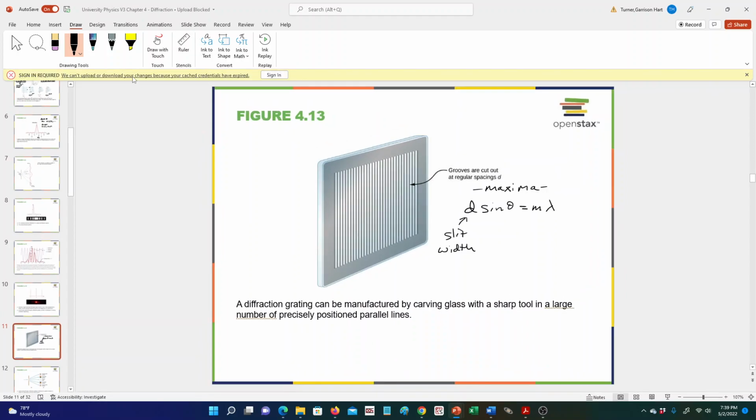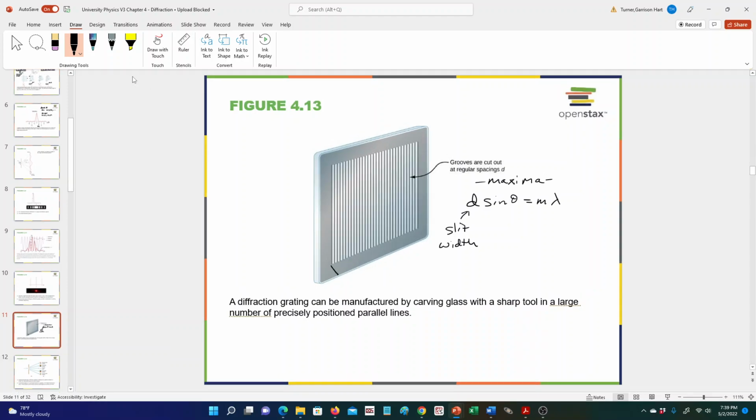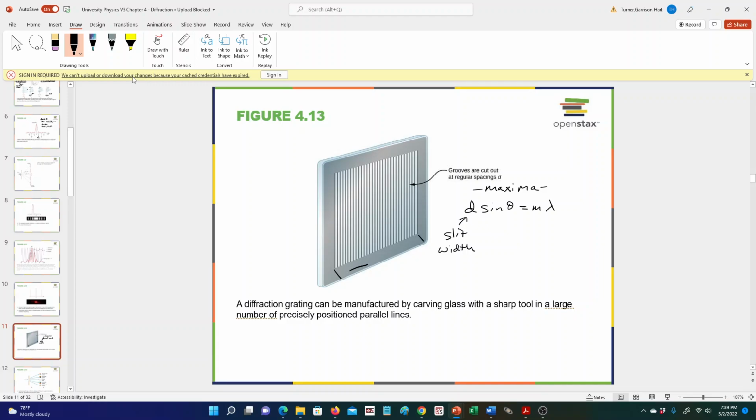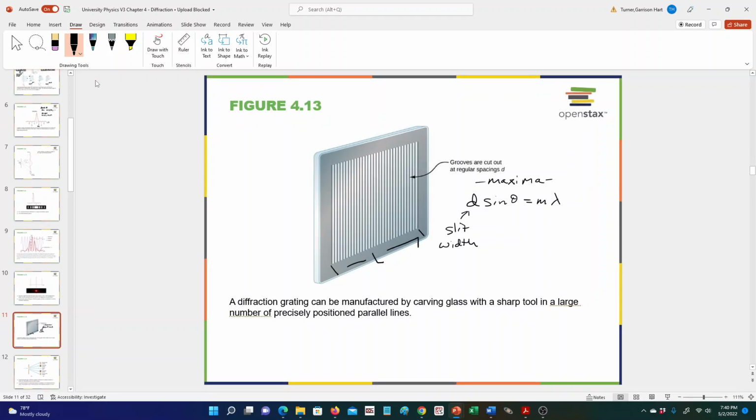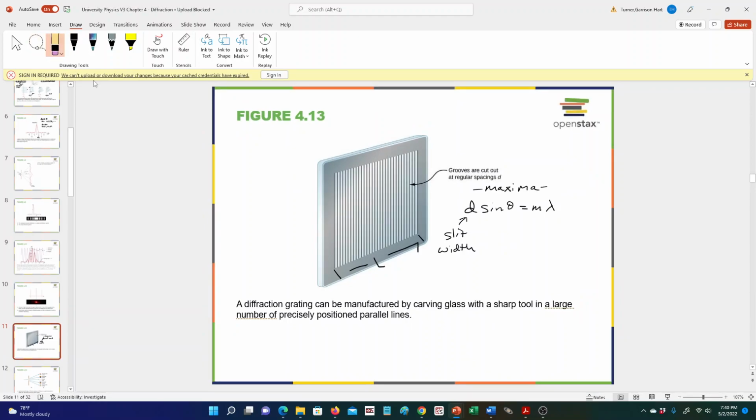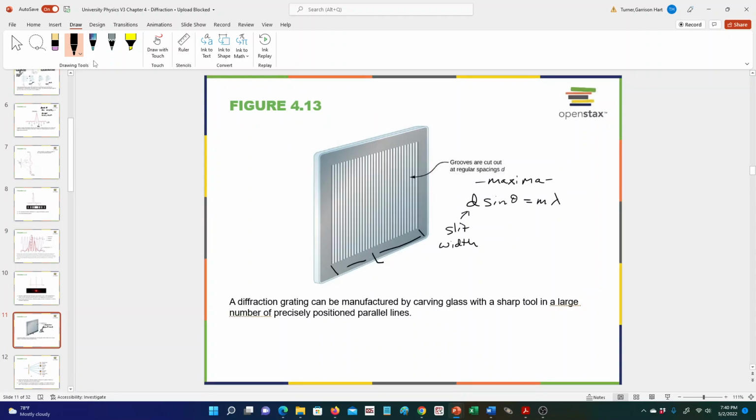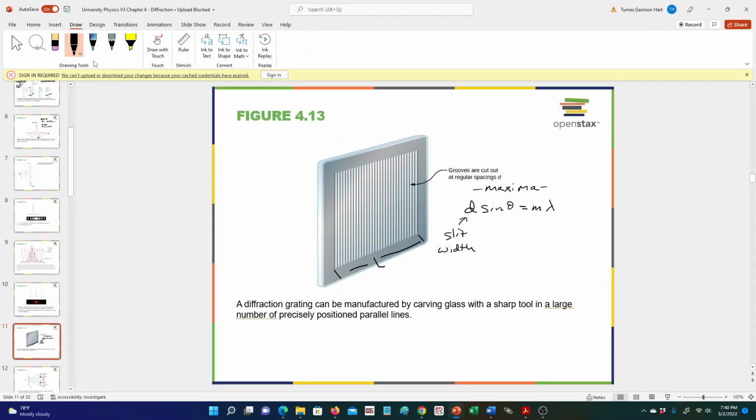So d is your width between your slits. And usually d is calculated by taking the total length, let me call that L. So L is the length of your grating, and let's let there be n number of slits.